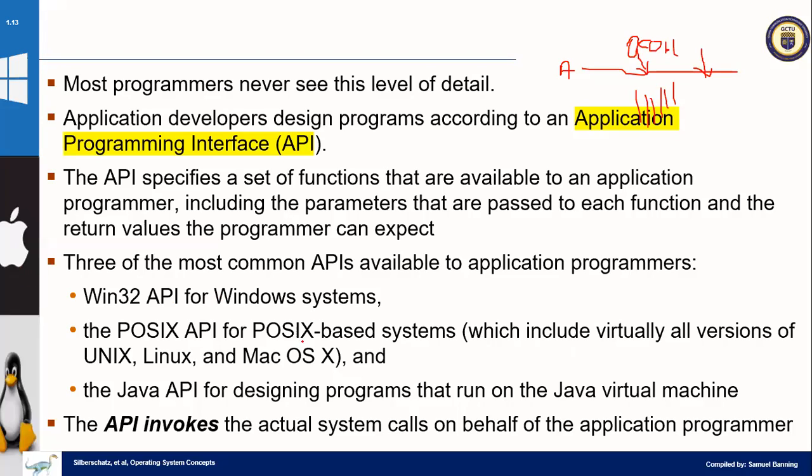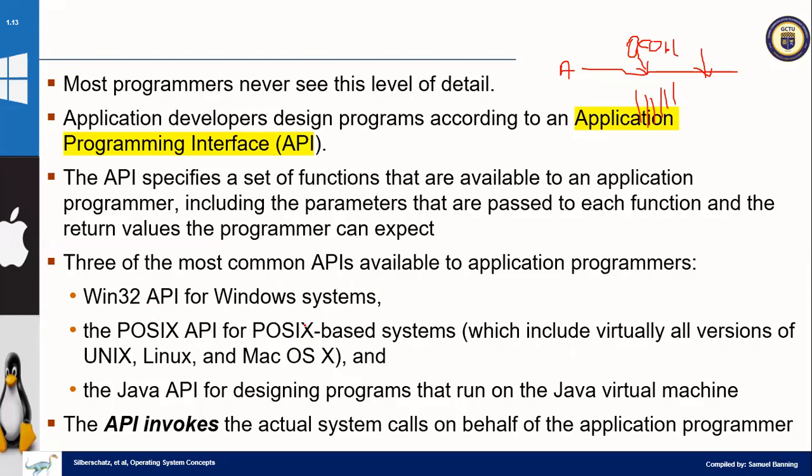So there are three common APIs that are used by application programmers. We have the Win32 API that is usually for the Windows system. Then we have the POSIX API.